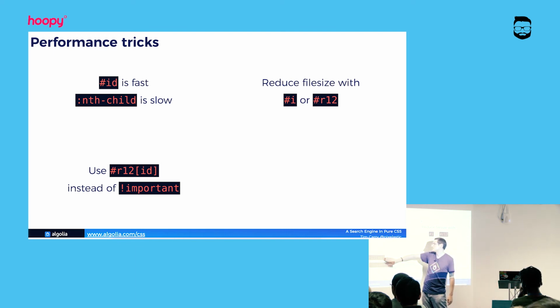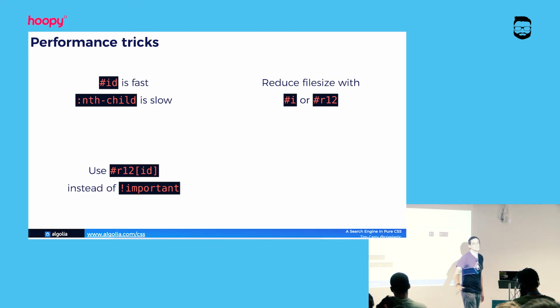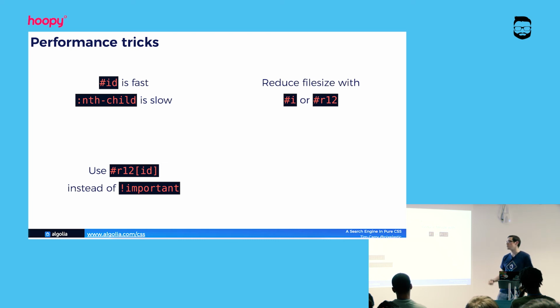This selector says select the element with an ID of R12 that also has an attribute of ID, which, by definition, it has. So it will target exactly the same element, except that this one will be more specific than the one without the ID. It will target exactly the same thing, but it will be slightly more specific, so you can override your rules without using important.